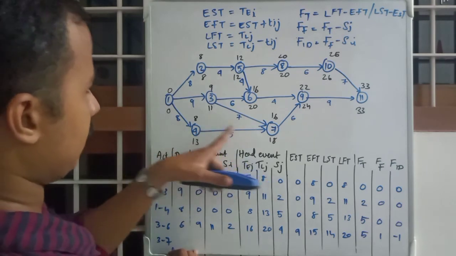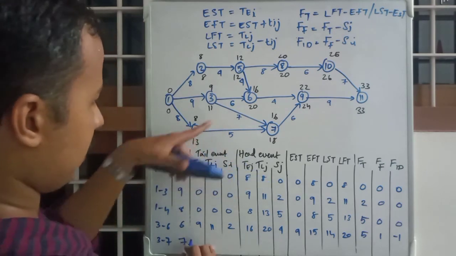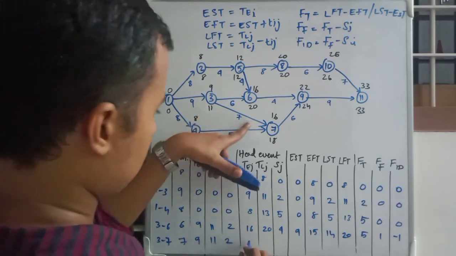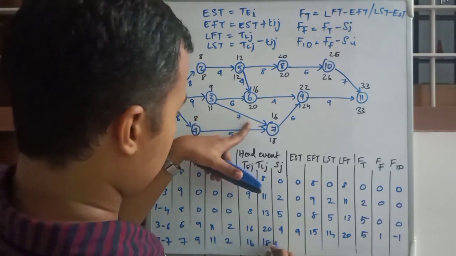Then 3 to 7. Duration is 7. Tail event 9, 11, 2. Head event 16, 18, 2.